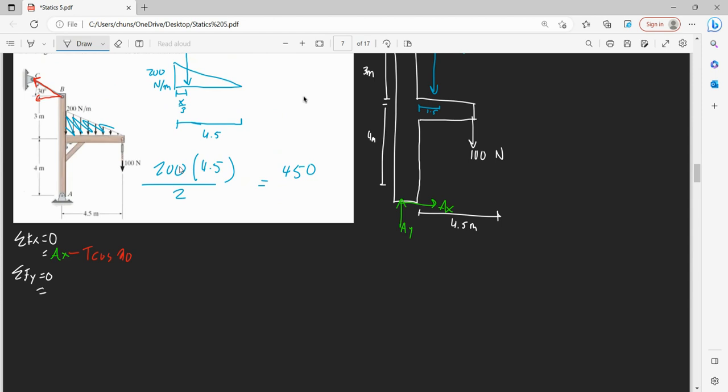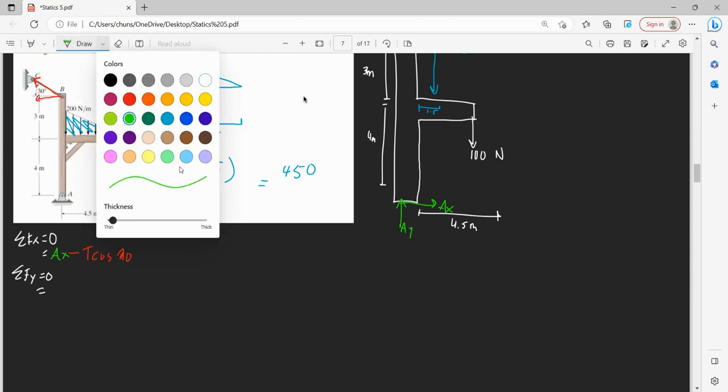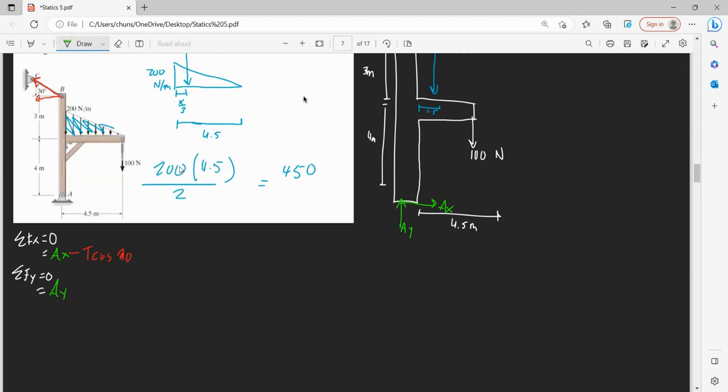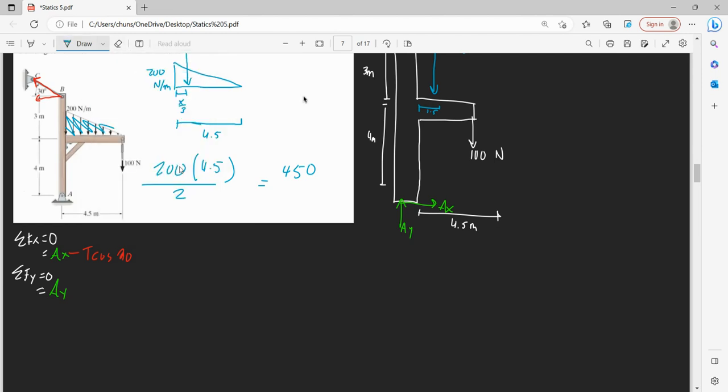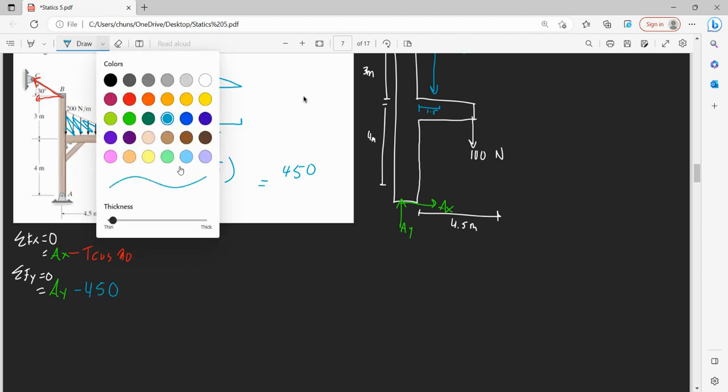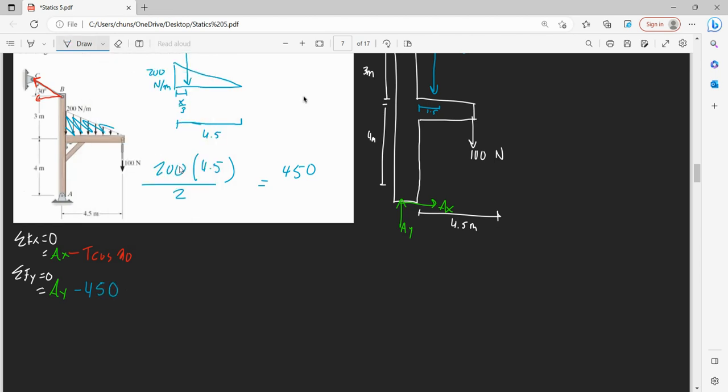So then this is our positive AY. Then our negative 450 newtons from our distributed load. The load at the end of our beam is negative 100. And the y component of our tension is upwards, that's plus T sine 30.